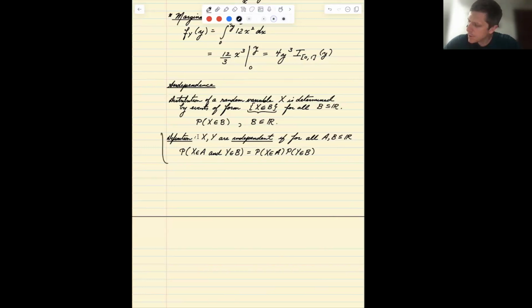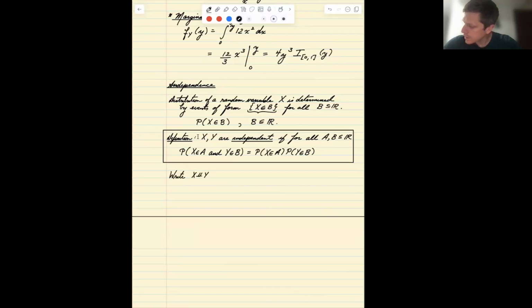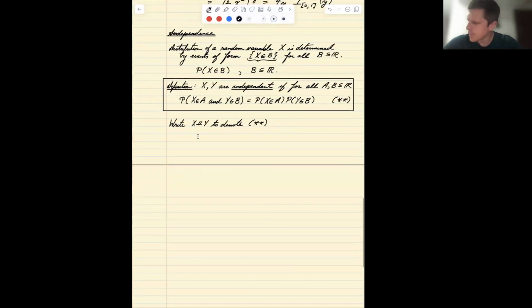And now let's suppose that we have two random variables that are independent. We write X independent of Y to denote that X and Y satisfy this definition of independence.